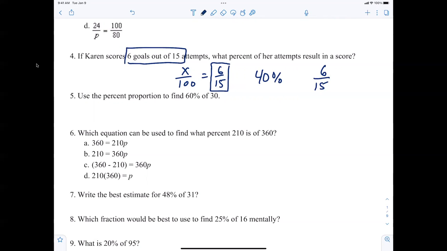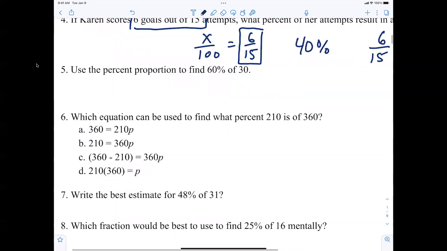Tell me about number 5. Number 5, use the percent proportion to find 60% of 30. So you would do 60% over 100, and then X over 30.